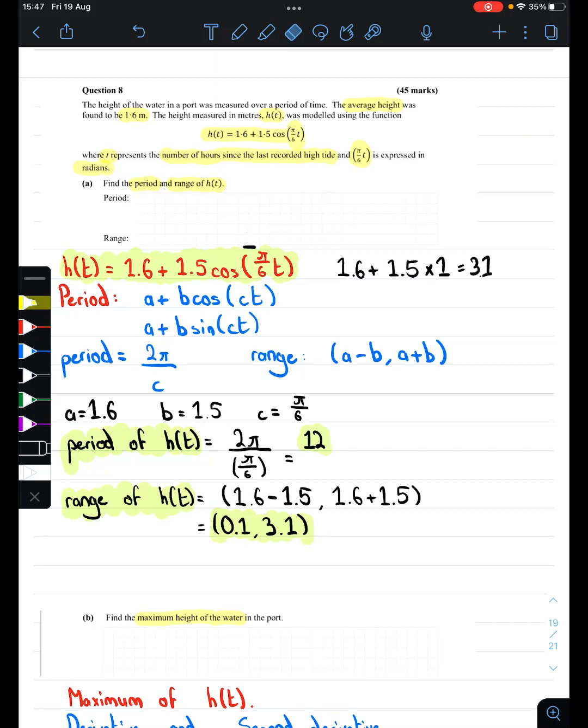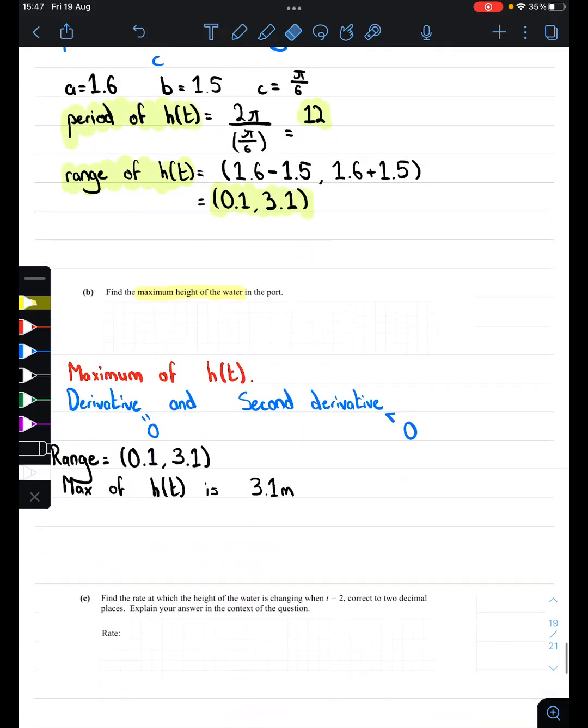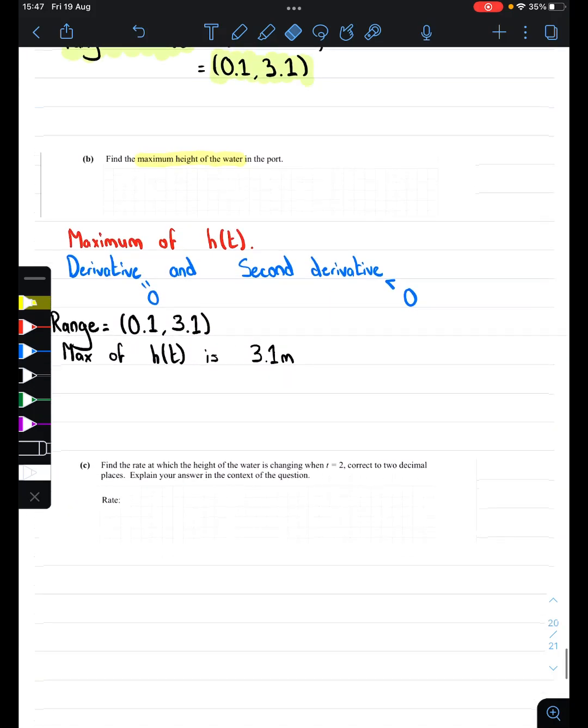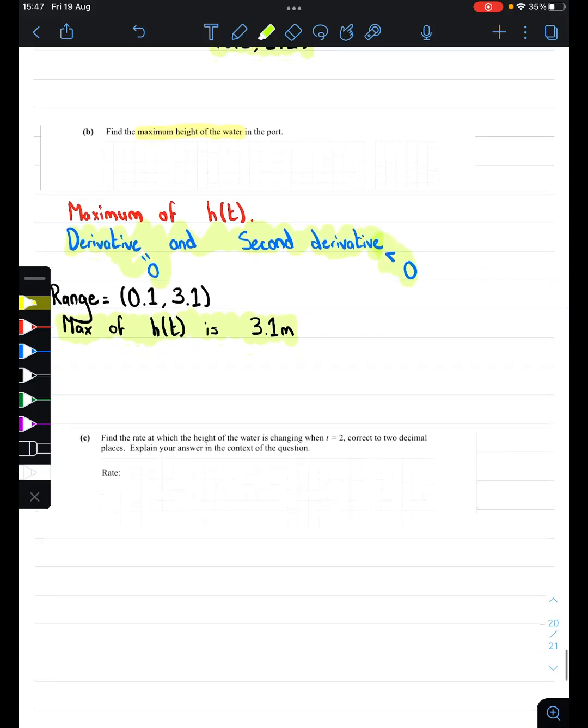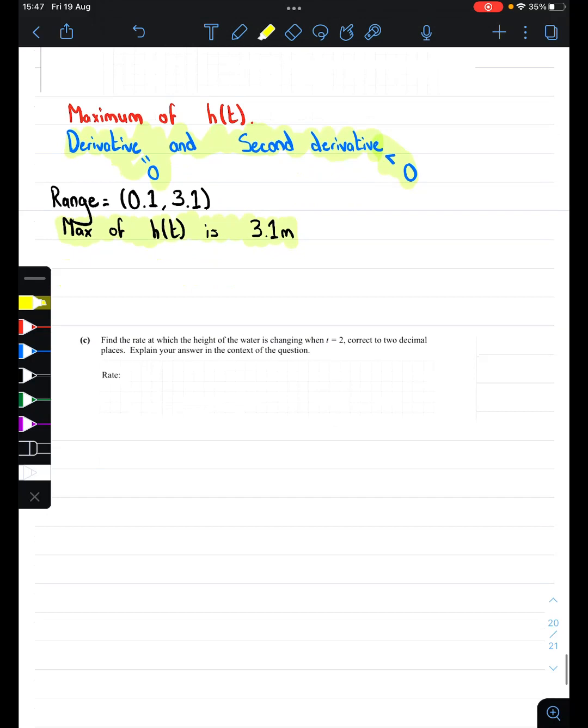So in this case we can just use the range we've already found. But usually derivative equals 0 and second derivative negative is the way to go for a maximization.